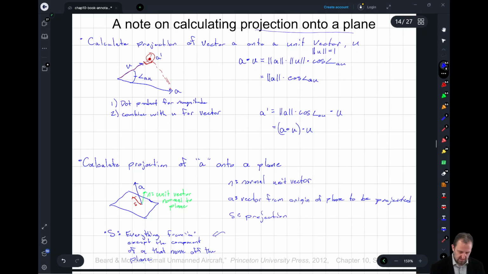Using this concept that we want to project everything except for the component of A that's orthogonal, we can say that S is equal to A minus A dot N times N. This is everything in A normal to the plane.